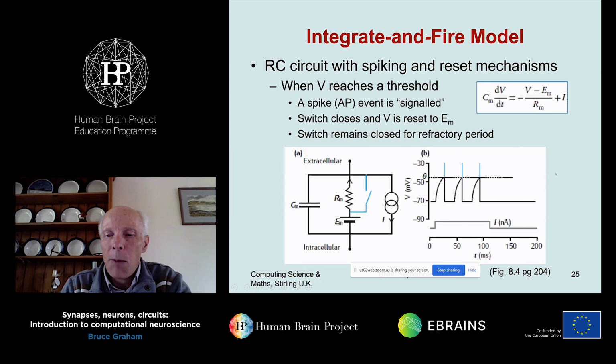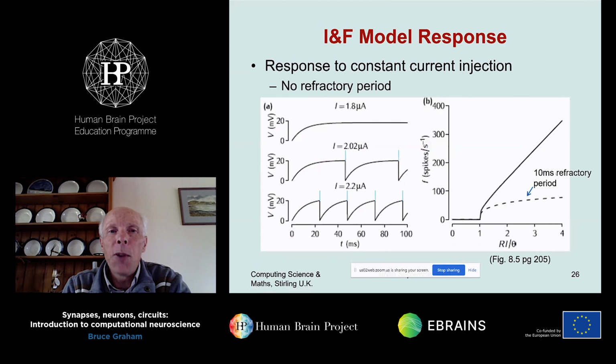Integrate and fire models are still widely used to create networks of spiking neurons. Not only are they cheap to simulate, but they're simple enough that you can do some good theoretical analysis on the properties of the networks that you might be simulating and the responses of individual neurons.